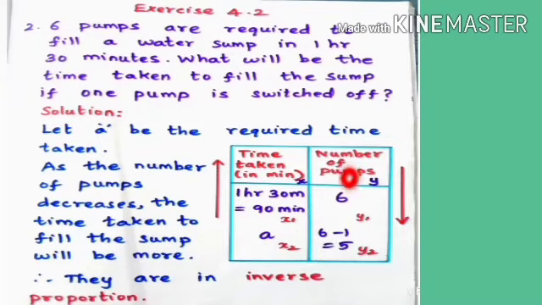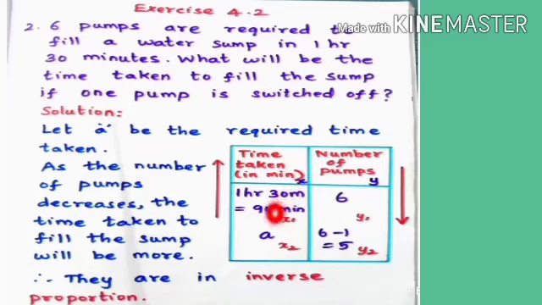So the number of pumps required to fill a water sump in 90 minutes is 6 pumps. And then if one pump is switched off, that is 6 minus 1, which is 5. So what will be the time taken to fill the sump if one pump is switched off? So here we need to find the value of A, that is time taken.